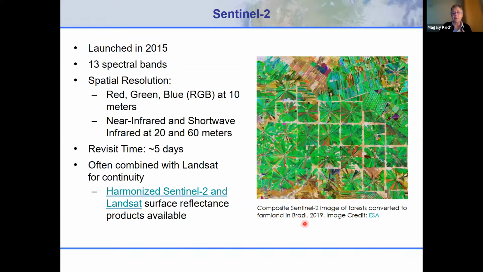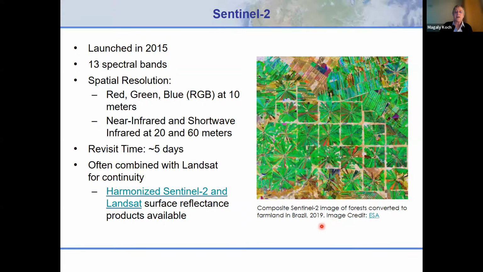So this is an example of Brazil, but any part of the world with shorter intervals. So they really want to reduce the intervals between the collection of one image and then the next one over the same area as much as possible, right?